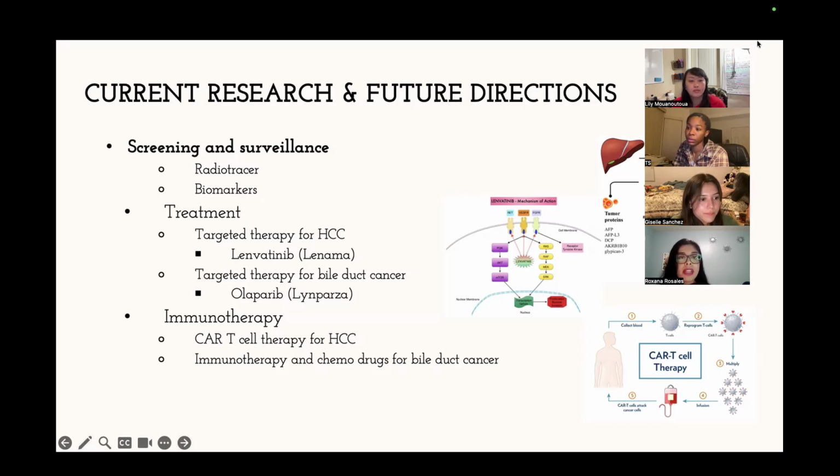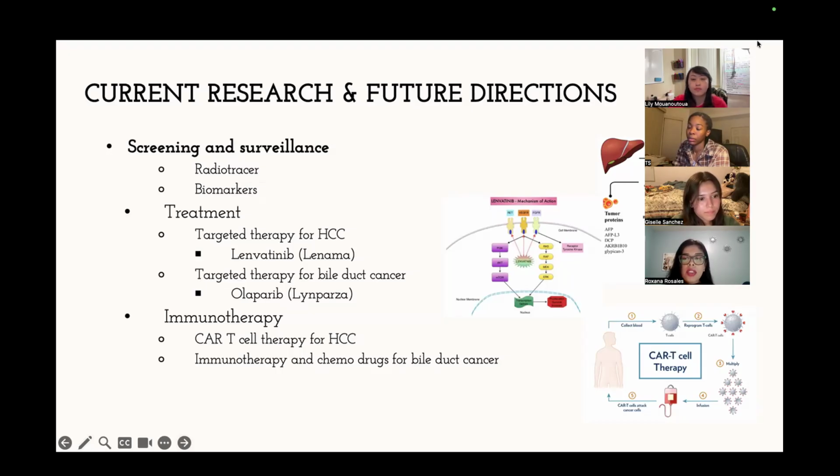This will be extremely beneficial in detecting HCC, or hepatocellular carcinoma, for patients who have obesity or cirrhosis. Also, scientists are currently working on finding biomarkers such as DCP and lectin AFP in blood, urine, or other body fluids that can help identify early stage liver cancer in patients who have cirrhosis.